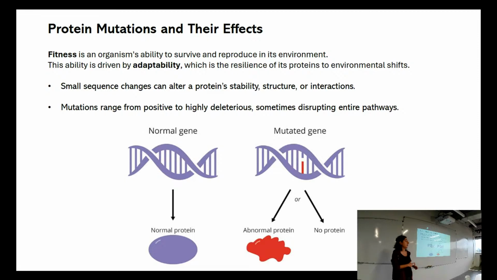So your protein either doesn't fold anymore or it folds wrongly. Okay? These are very much related to diseases, of course, because if your protein function is lost, you might have some sort of disease.